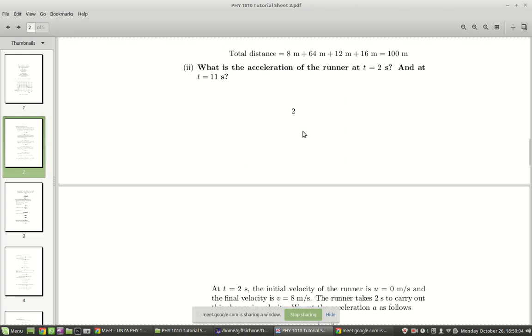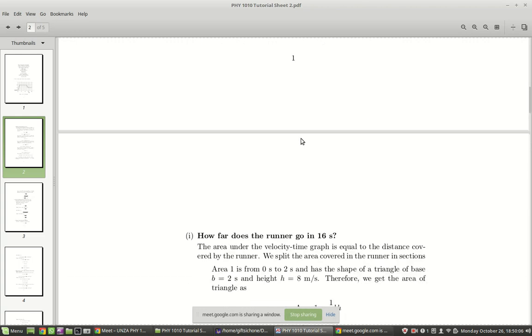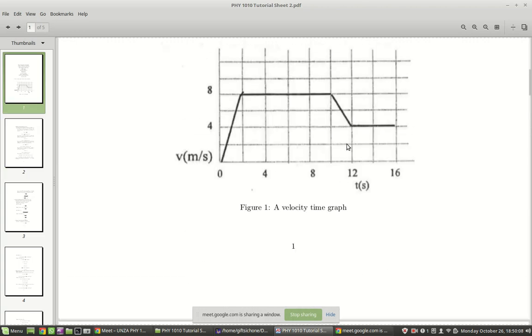In the trapezium, we have 10 seconds and 12 seconds, and in the middle there is 11 seconds. The acceleration everywhere is the same.